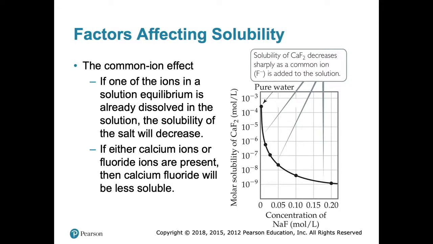The common ion here is fluoride, the fluoride in calcium fluoride. When you're adding calcium fluoride to a solution that already has fluoride in it, that common ion makes the solubility decrease sharply, as they say in this slide.